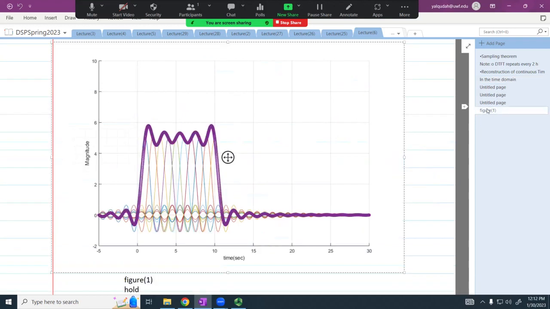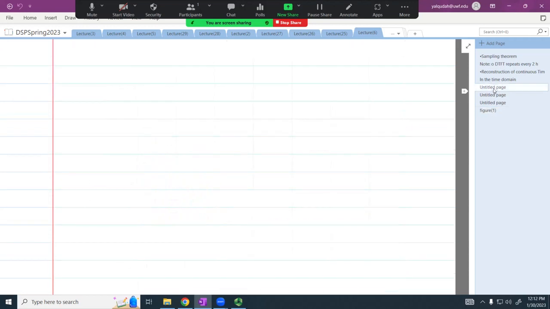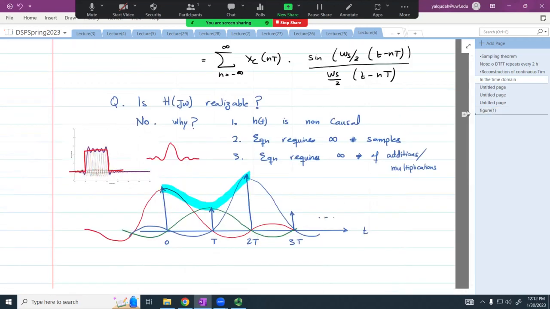But if I were to allow the sinc to go from negative infinity to infinity, then this will add up, ideally, to that pulse that is going to look like an ideal pulse. Does that make sense, everybody? Is that clear? So this is the magic of this filter.